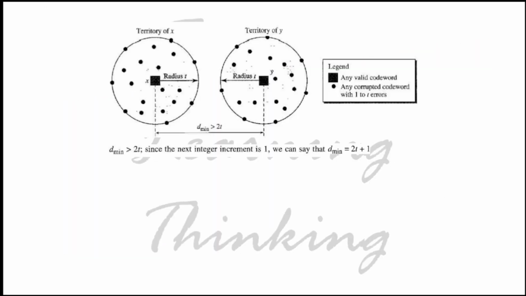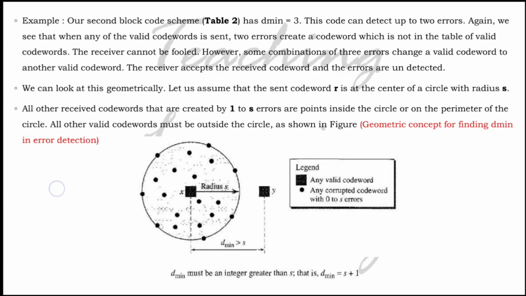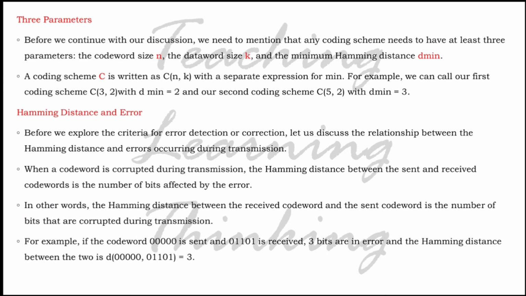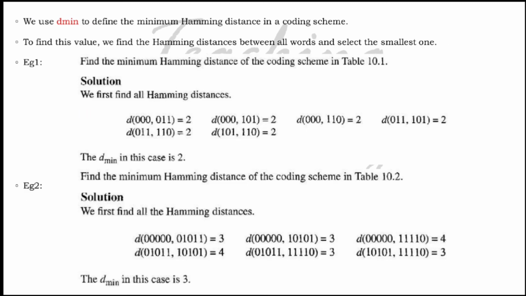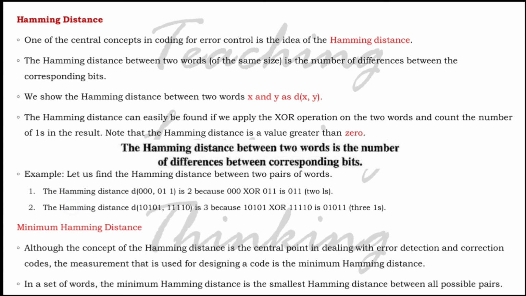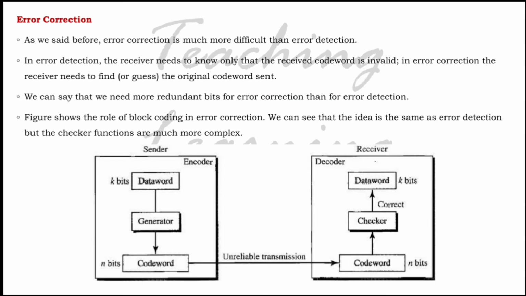So that is all about this one. We have discussed error detection, error correction, and the basics of both, and mostly we covered error correction. Error correction is much more difficult than error detection.